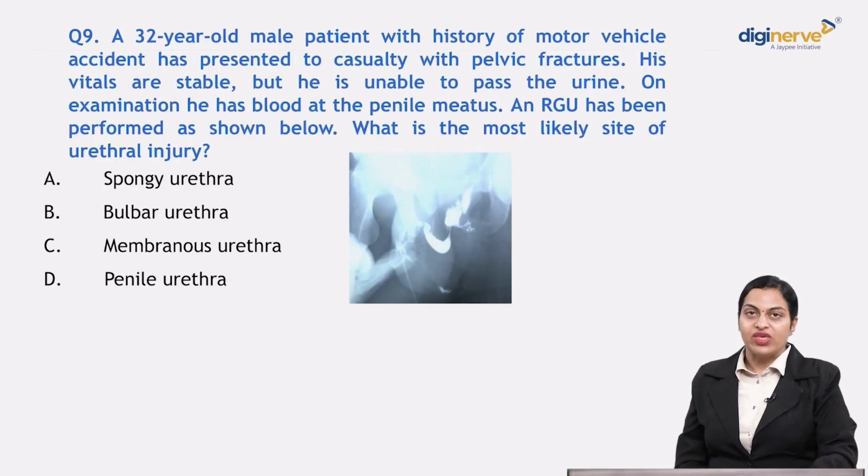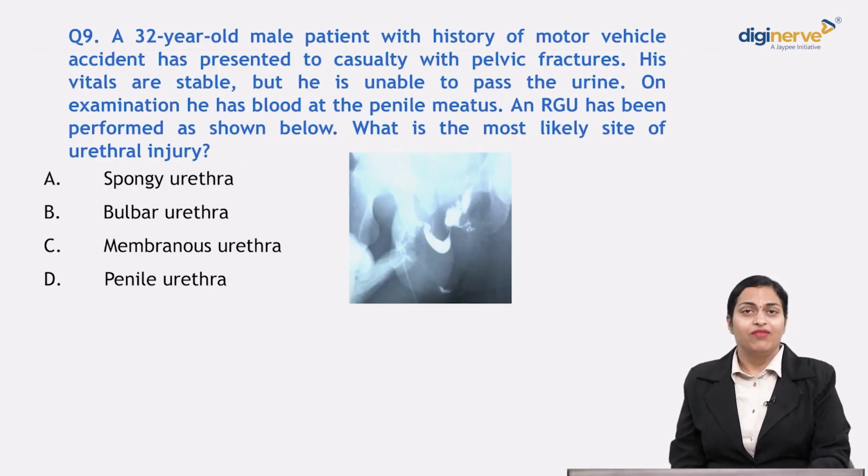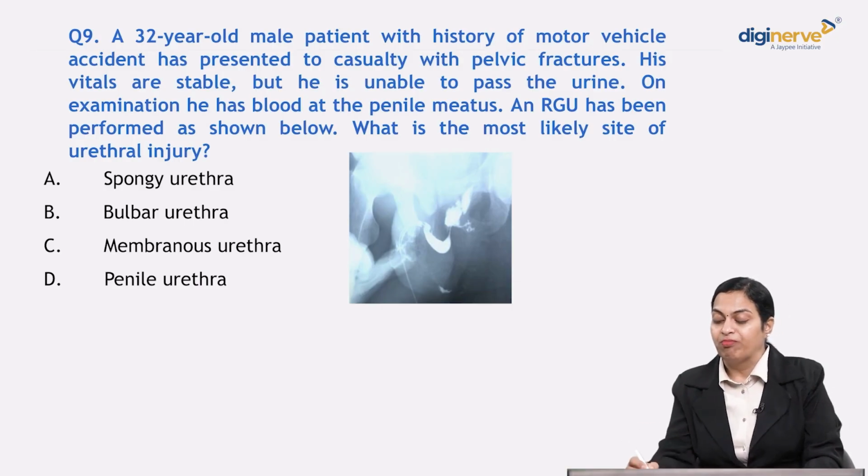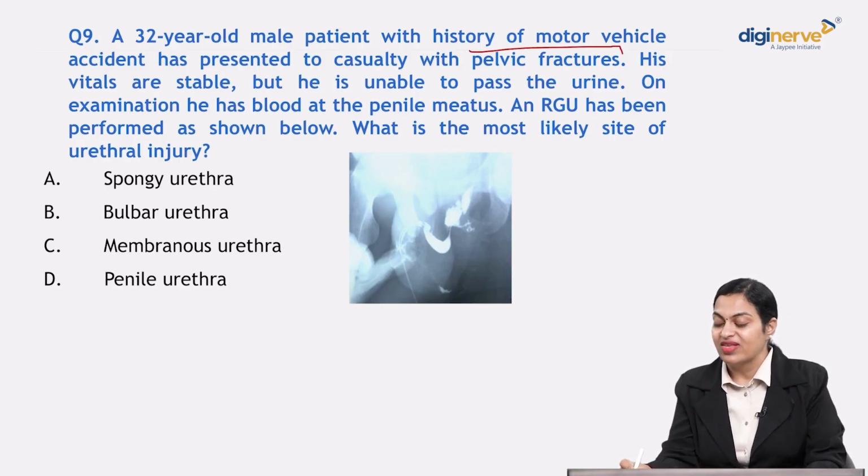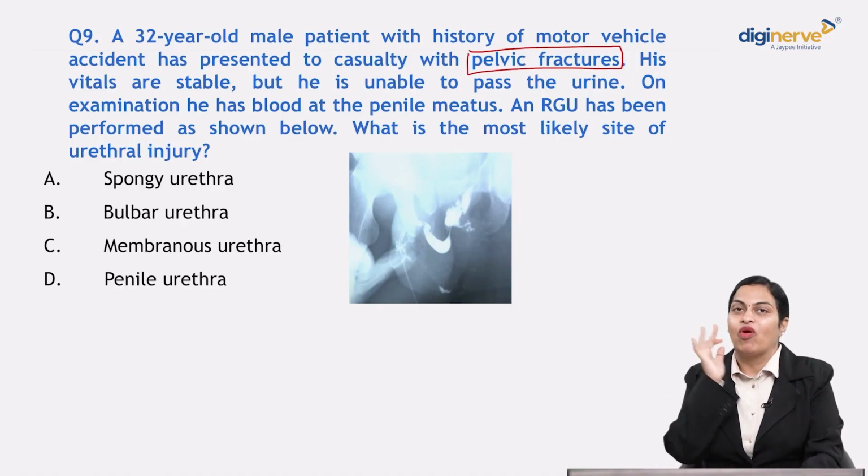Coming to the last question in this session, a very, very important and frequent repeat: urethral injuries. A 32-year-old male patient with a history of motor vehicle accident presented to casualty with pelvic fractures. This is the important clue.